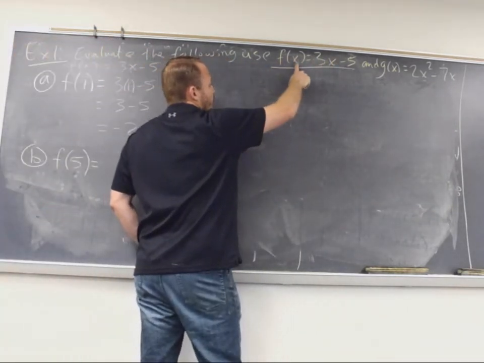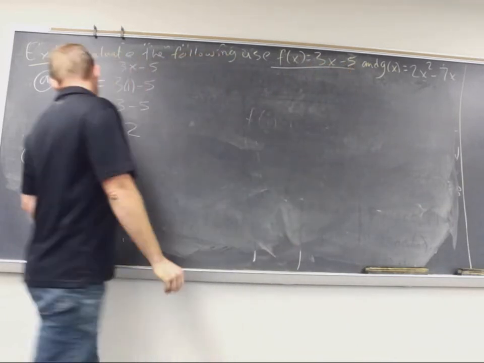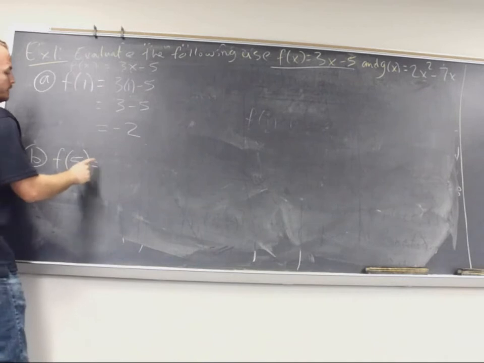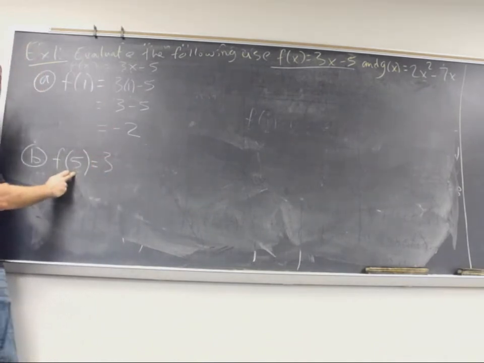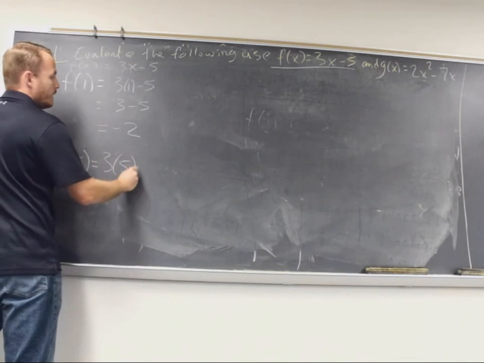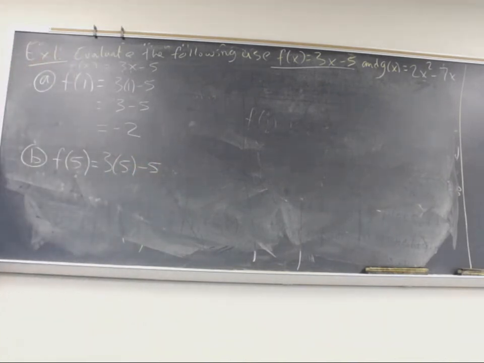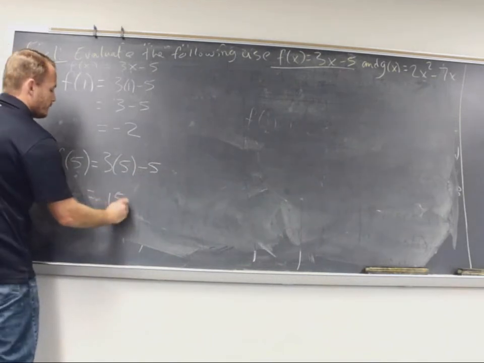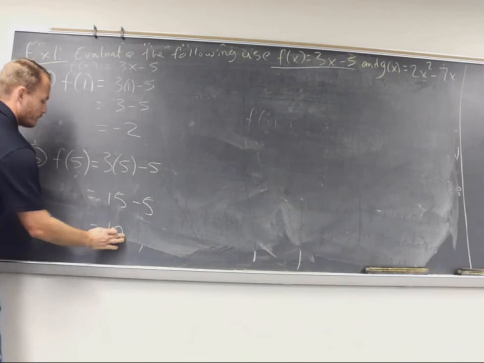So f of 5 is equal to 3 times x, the x here is 5, and then minus 5. This is equal to 15 minus 5, which is equal to 10.